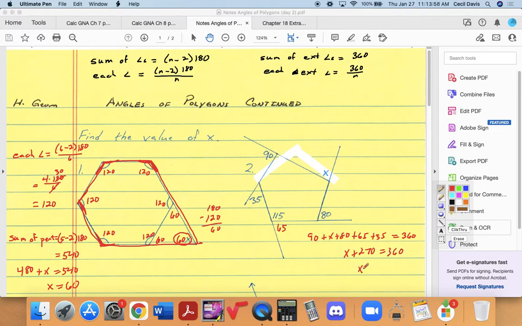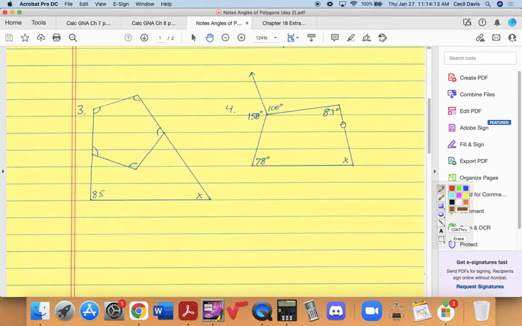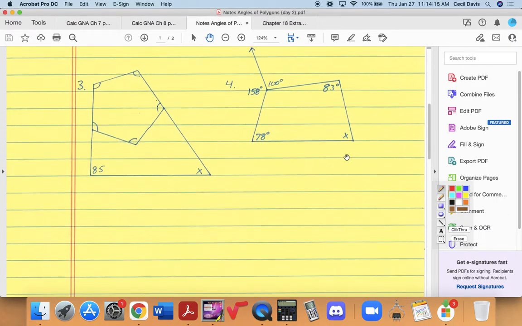So subtracting, we get x turns out to be 90. Any questions about that? All right. Then let's try these two.